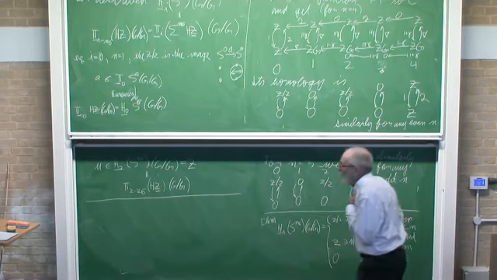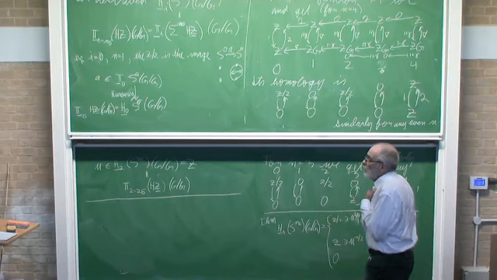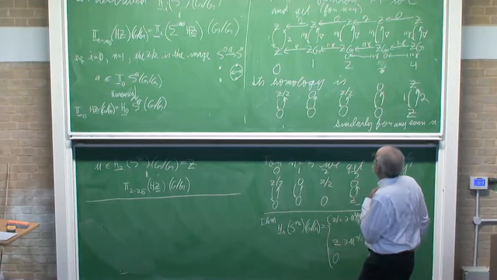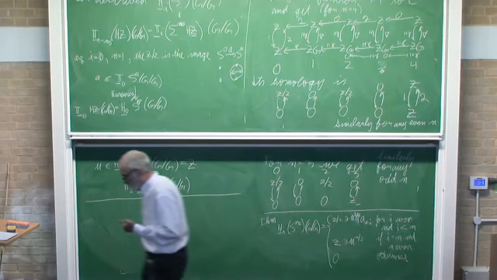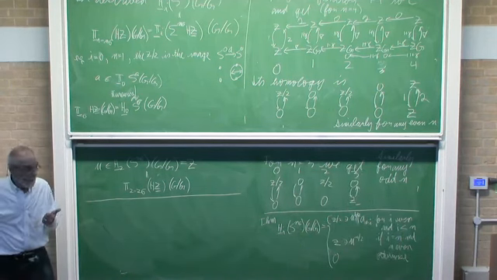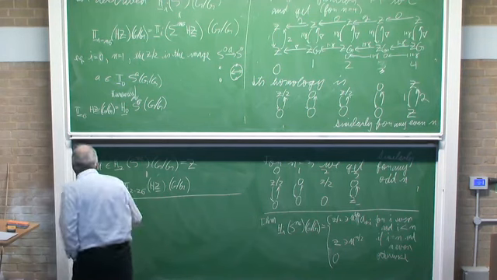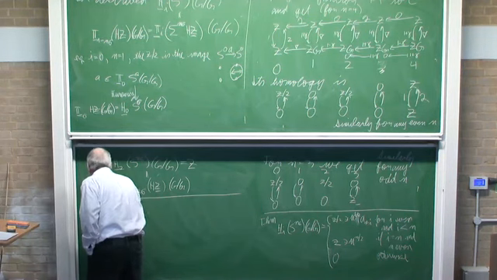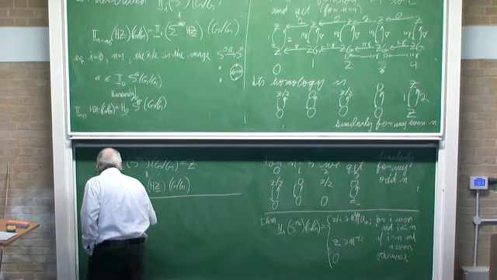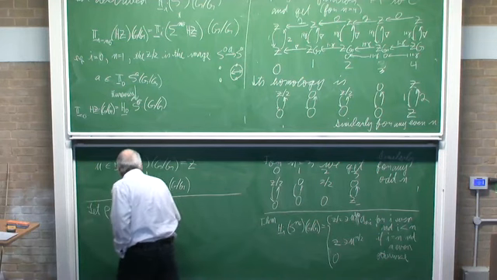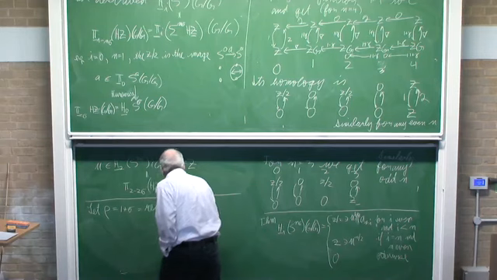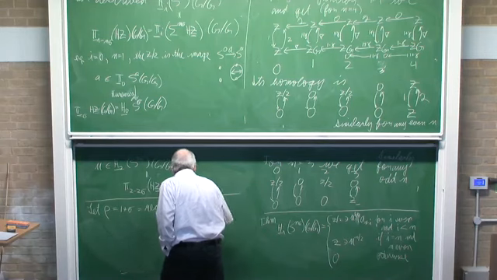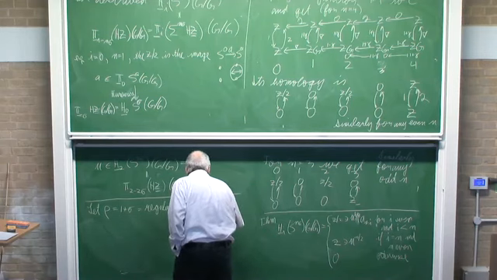Now, so far the G-CW complex I've been discussing is S^n sigma. Now, let rho stand for 1 plus sigma. This is the regular representation of C2.